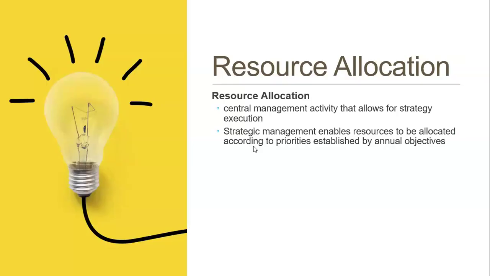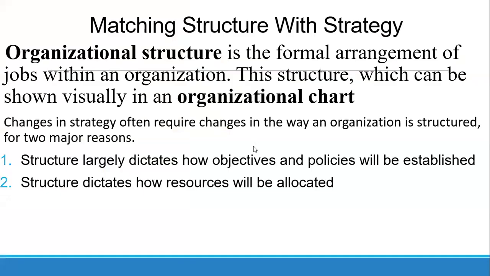Then the issue of the structure that will support the strategy implementation should be thoroughly interrogated. And this is important because the organizational structure that was available prior to the new strategic direction the company may be taking may not be in alignment.